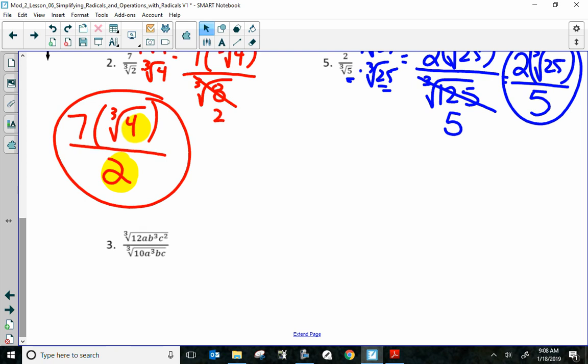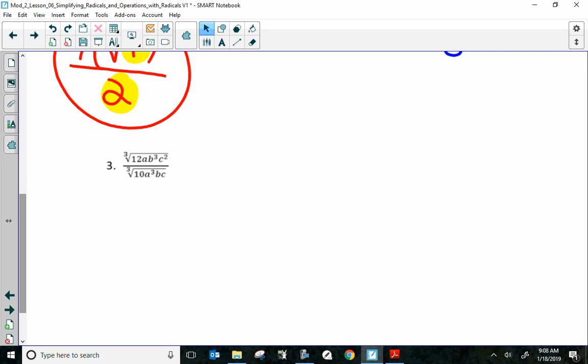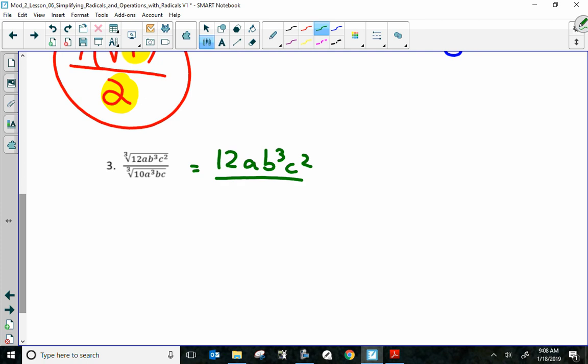All right. Number 3. Number 3 is a doozy. What I'm going to do is divide this out as best I can without the radicals being there. I'll just rewrite this without radicals. I have 12ab cubed c squared over 10a cubed bc squared.